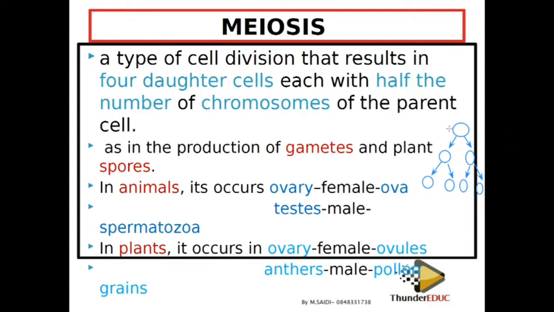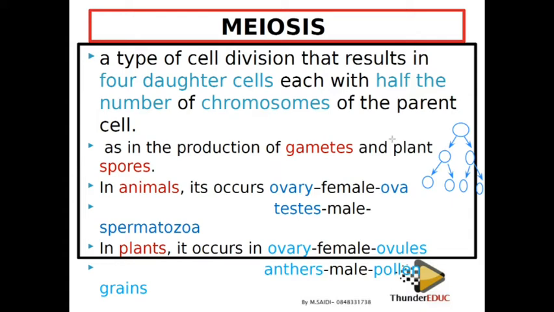Now, when you're looking at these 4 daughter cells, they must not be the same as the parent cell. At the same time, the 4 must not be the same as each other. That is, their genetic material must differ.